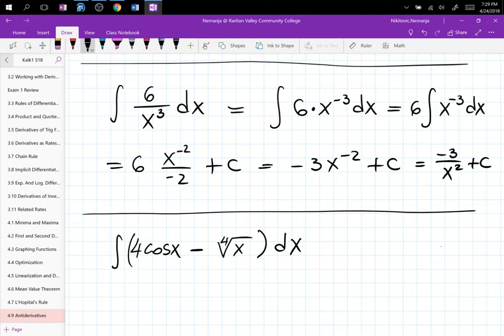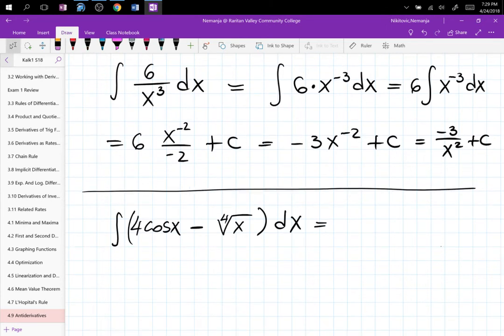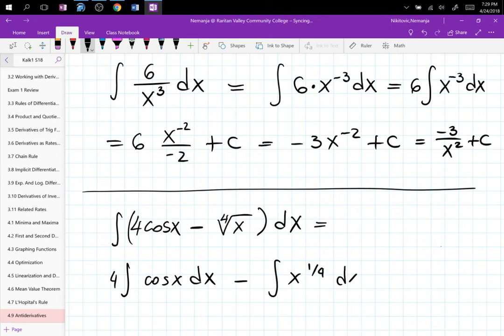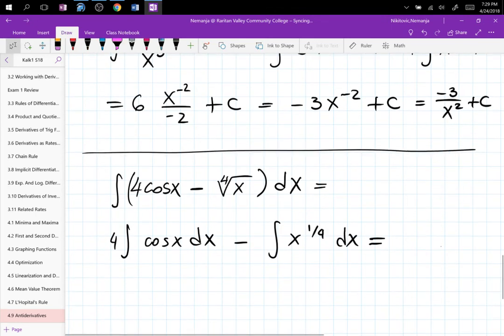So we have integral, kick 4 outside, cosine x dx, that's the first integral, minus integral of x to the 1/4 dx. So we have two integrals, we preserve the negative in between them, kick the constants outside, change the 4th root into 1/4 exponent, and then plow through integration.